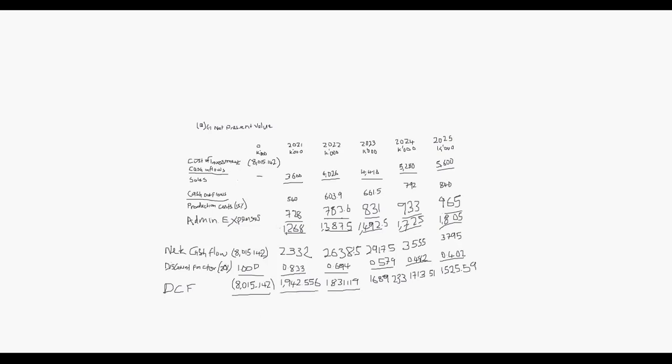To find the net present value, we need to net them off. So NPV is equal to discounted cash flows.